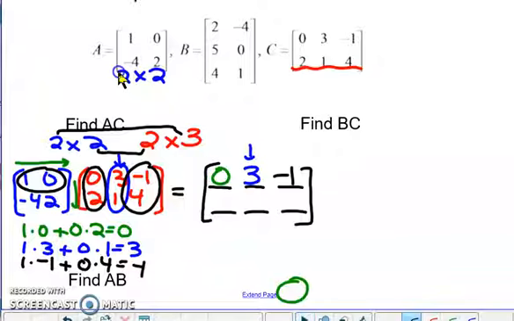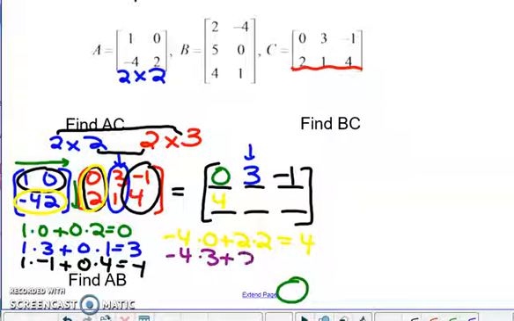Now that I've done that, I am completely done with that first row. So I'm going to ignore the 1 and the 0, and go on to the -4, 2. I'm going to go to that first column. -4 times 0 plus 2 times 2. I get a 4 there. Then the bottom row, second column: -4 times 3 plus 2 times 1. -12 plus 2 is -10.